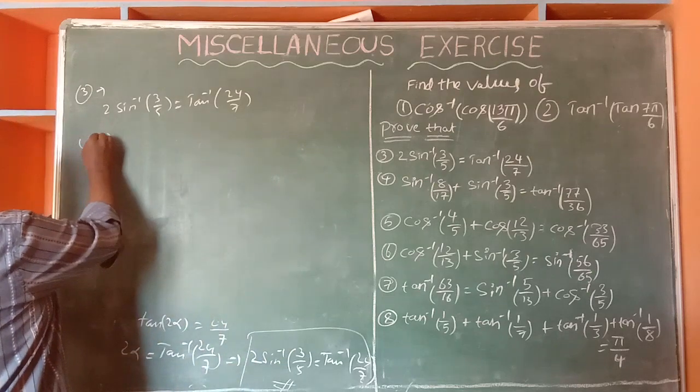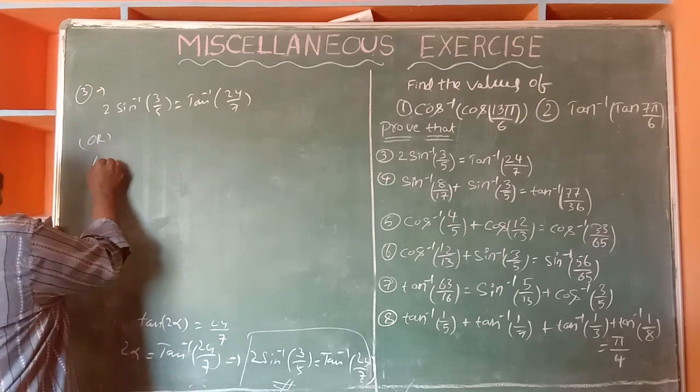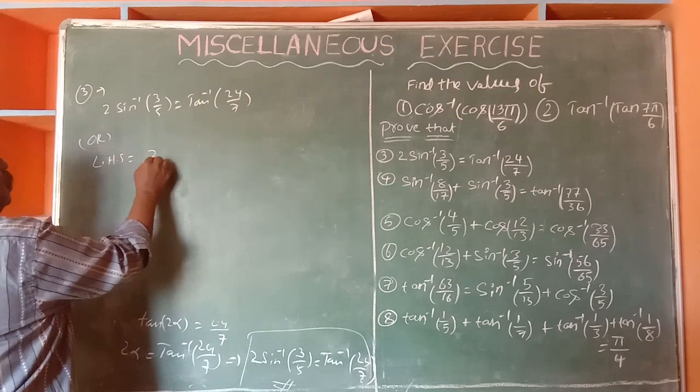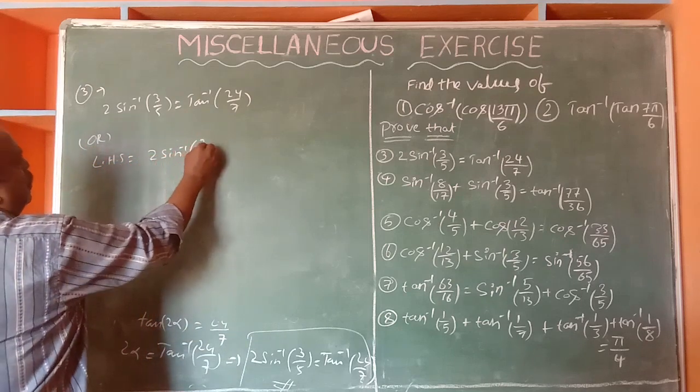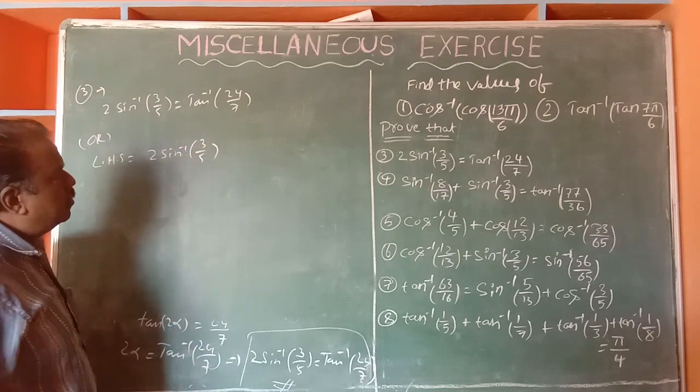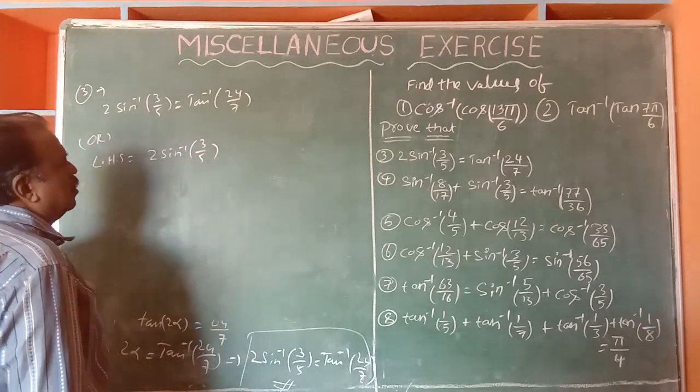Or we can say another method directly. What is LHS? 2 sine inverse 3 by 5, taking LHS.